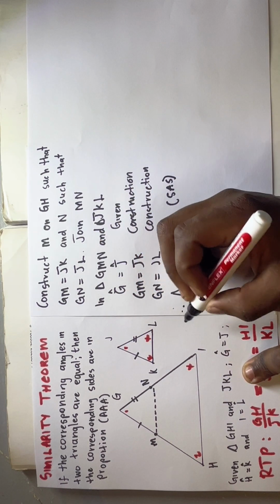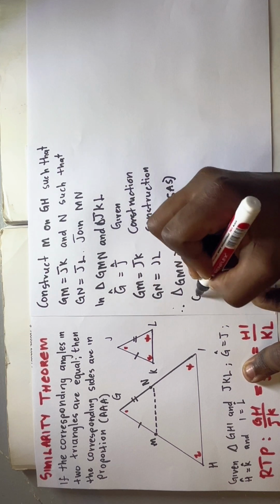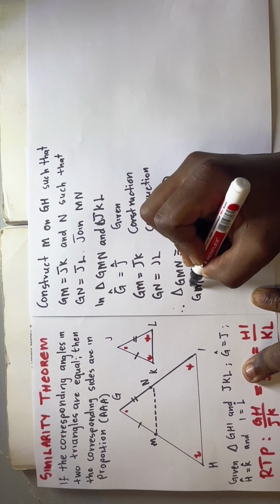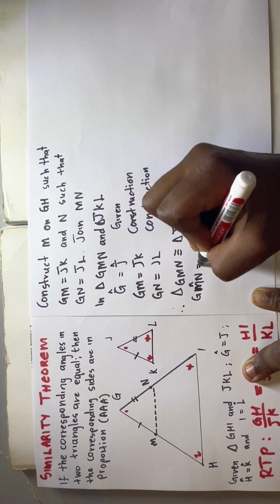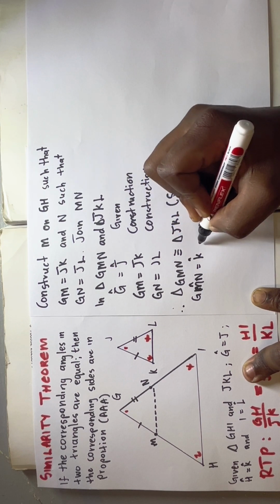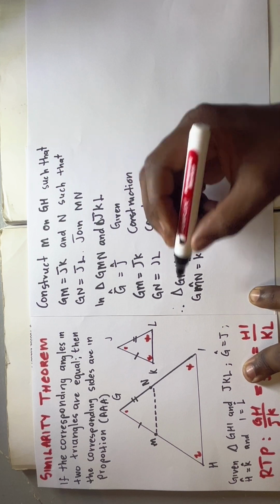So look, we are going to say your angle GMN is going to be close to our angle K, and similarly also our what?